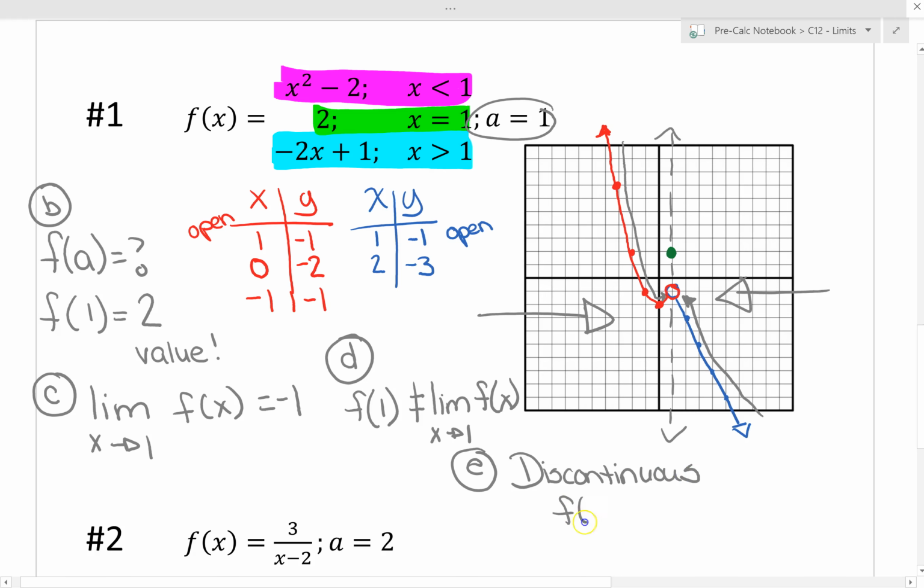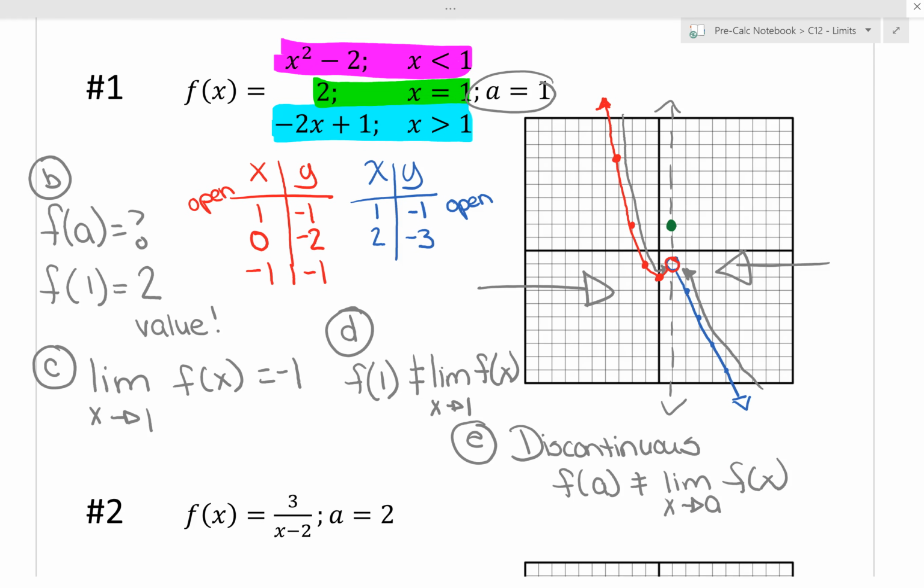Because f of a did not equal the limit as x approached a for the function. Okay, so we answered all our parts, so we are done.